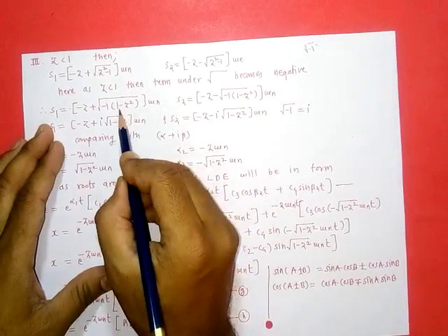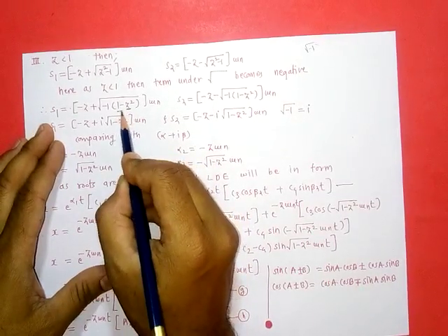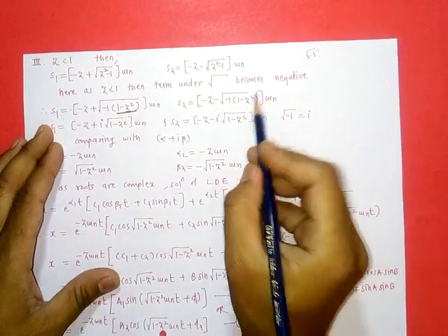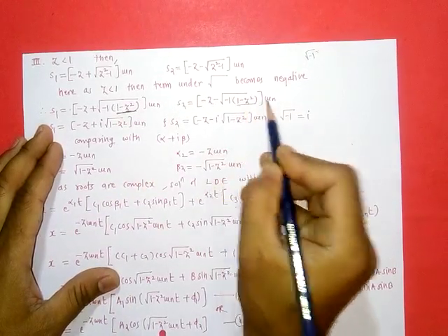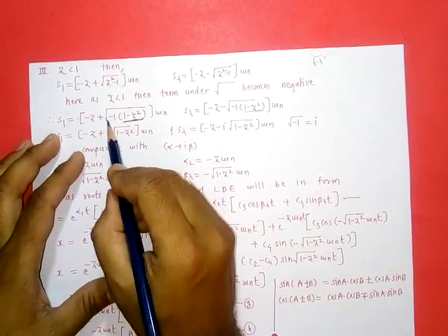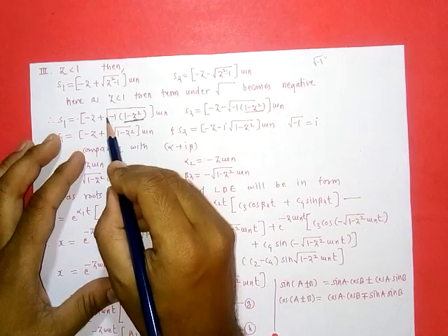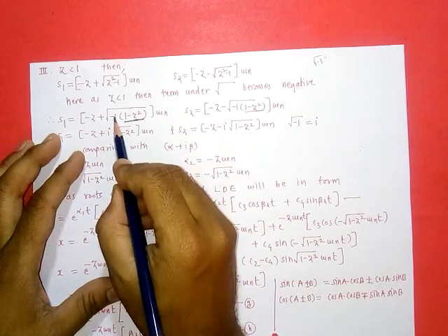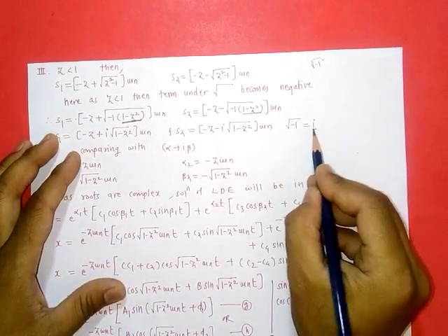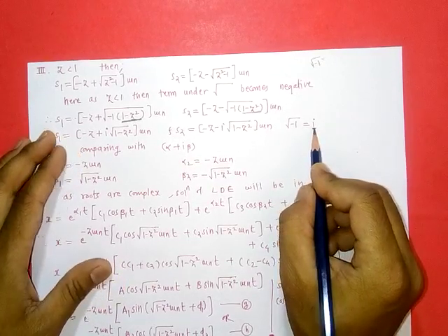Now as zeta is less than 1, this term becomes real, and we know that the root of minus 1 is i, the imaginary number.